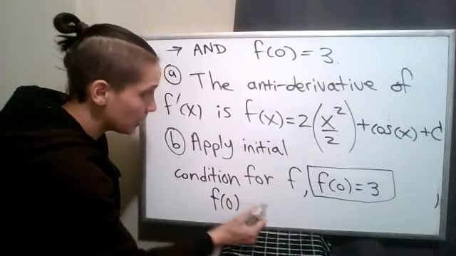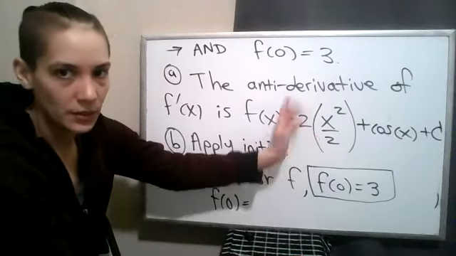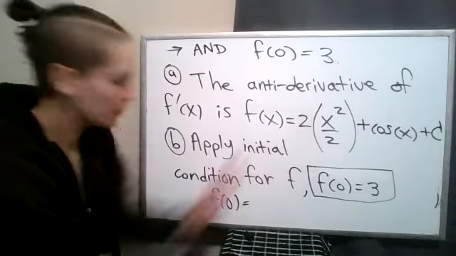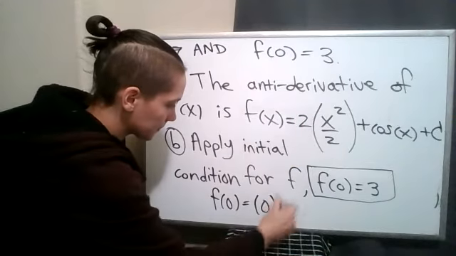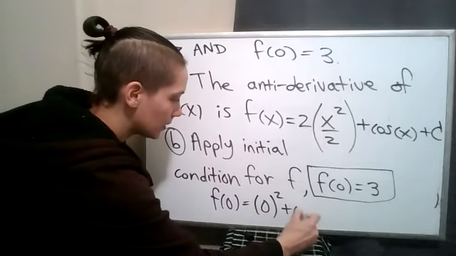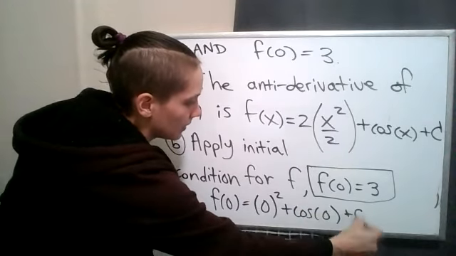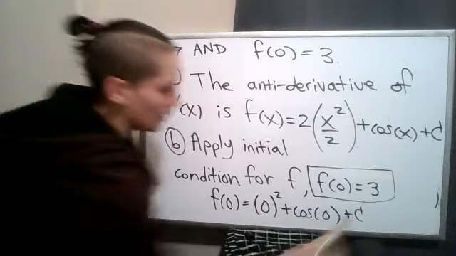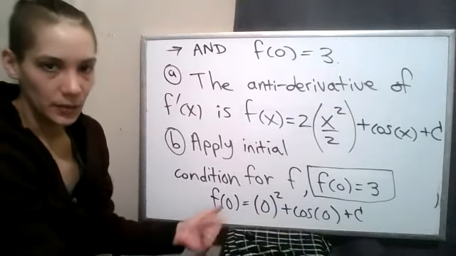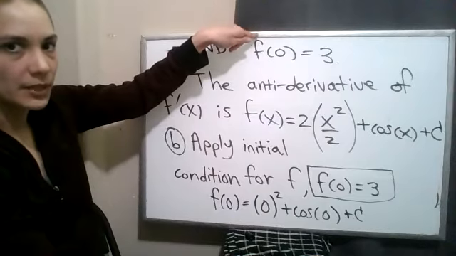2 over 2 reduces to 1, so I've got x squared as my first term. Add cosine of 0. Add c. And we're trying to solve for c. So replace f of 0 with the info you have. F of 0 is 3.